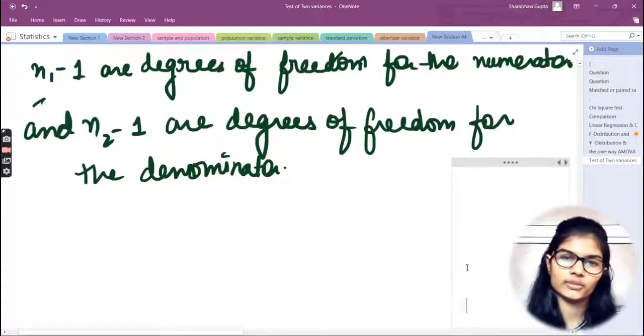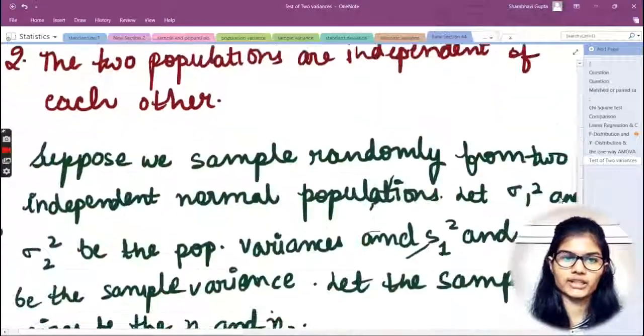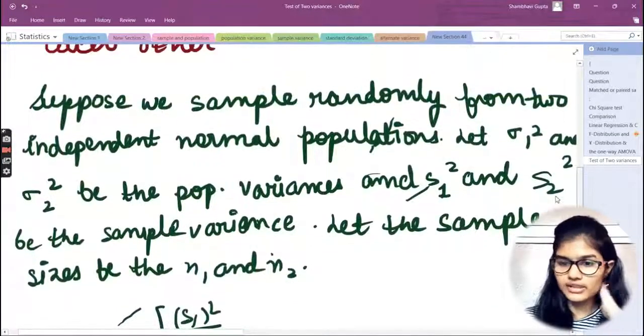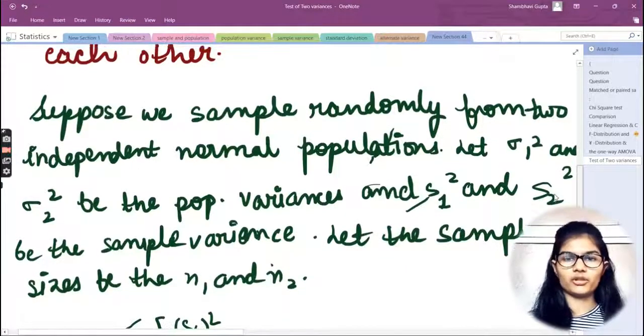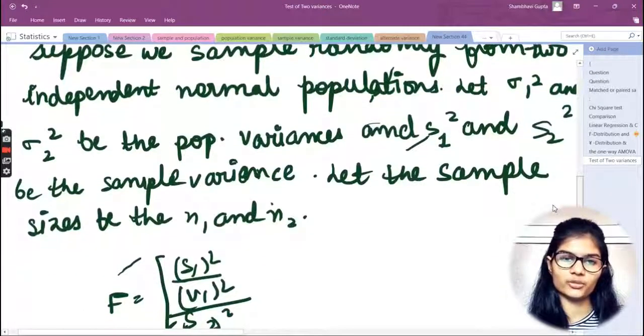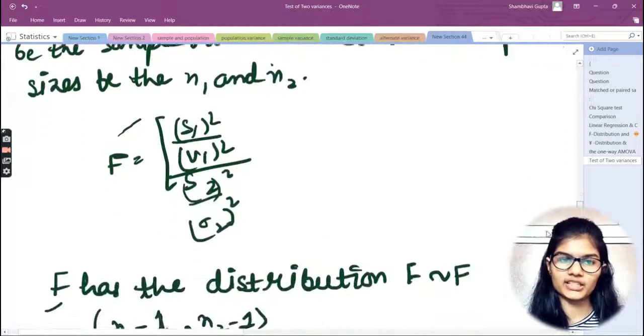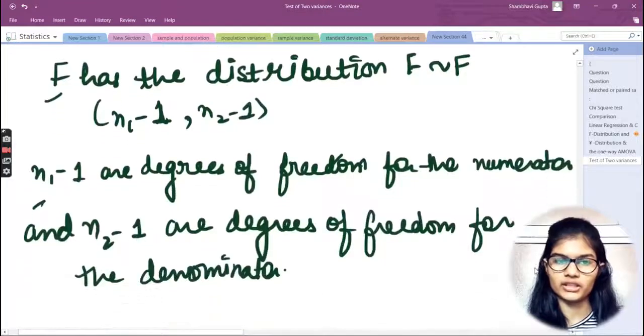Hope I am clear with all of those things. Let me give you an idea again. We sample randomly from two independent normal populations. Let sigma 1 square and sigma 2 square be the population variances, and S1 square and S2 square be the sample variances. Let the sample sizes be N1 and N2. Then F is S1 square upon sigma 1 square upon S2 square upon sigma 2 square.